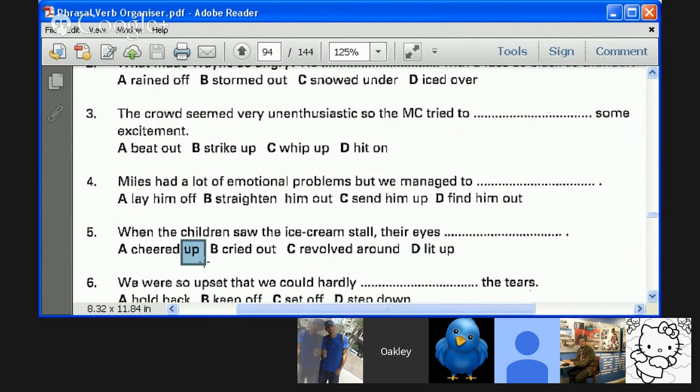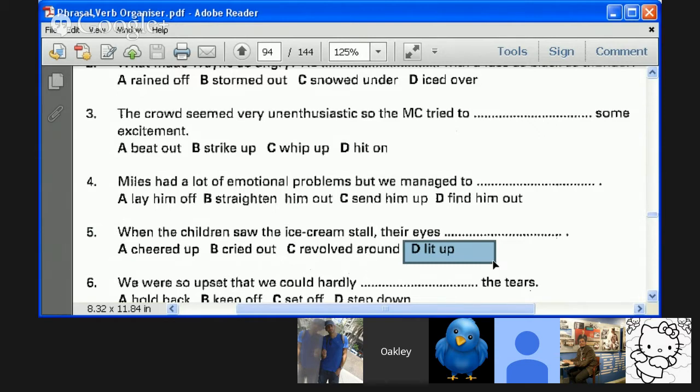Often we use up in a phrasal verb simply to give the idea of completely. So when we clean up the house, then we clean it completely. Your mom could say clean your room, but when she says clean up your room, it has more emphasis and it means completely. When we say light up, it means we light completely.